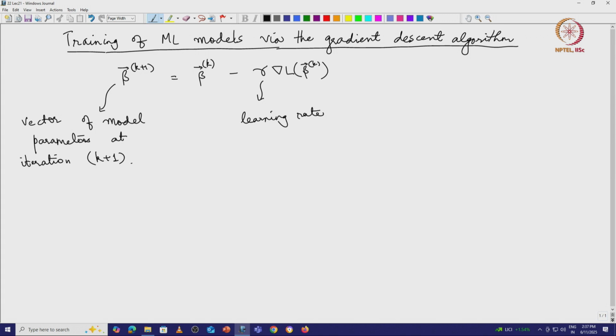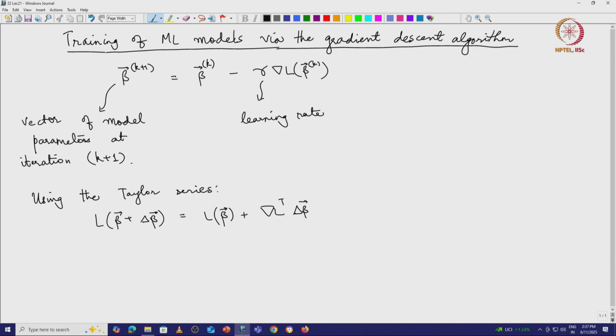Okay, so this is how it works, and then we had shown the derivation of the gradient descent algorithm using the Taylor series for the loss function. So you had L at beta plus delta beta equal to L of beta plus the transpose of the gradient times the delta beta vector.